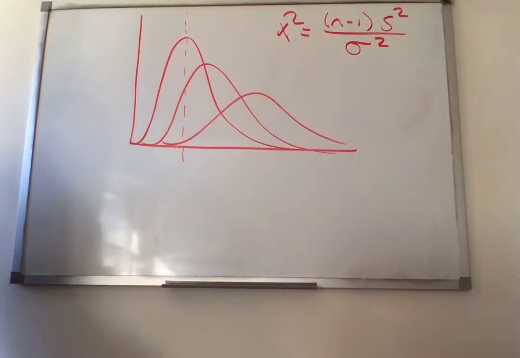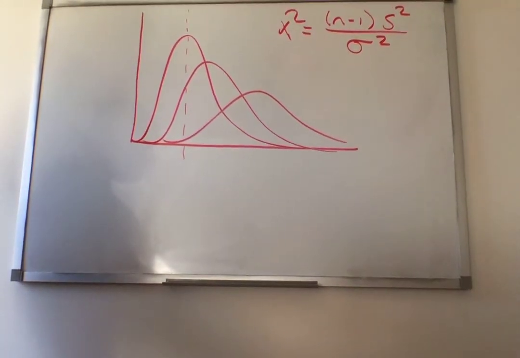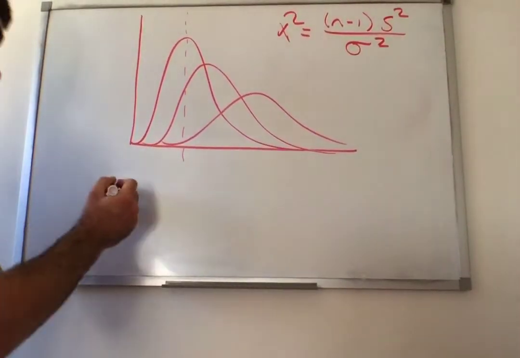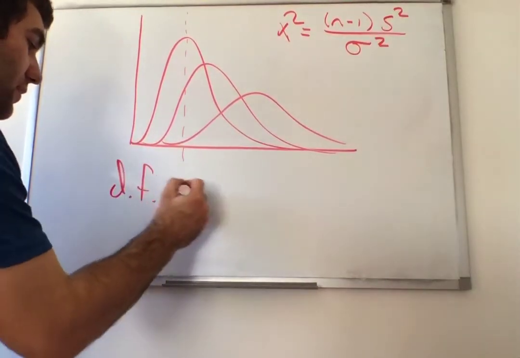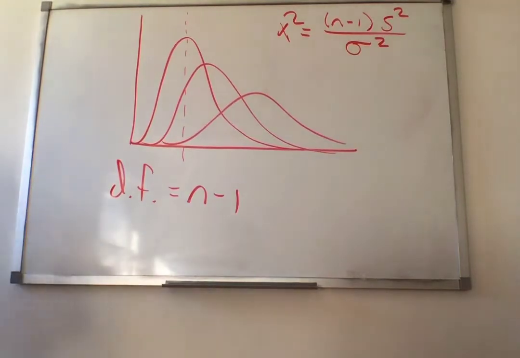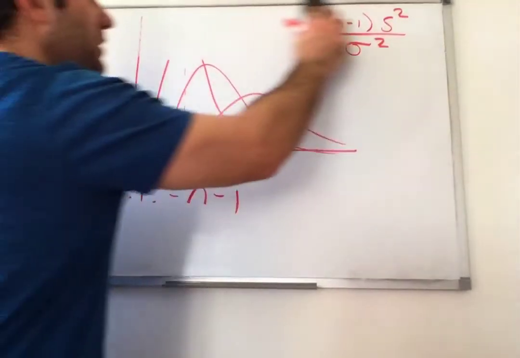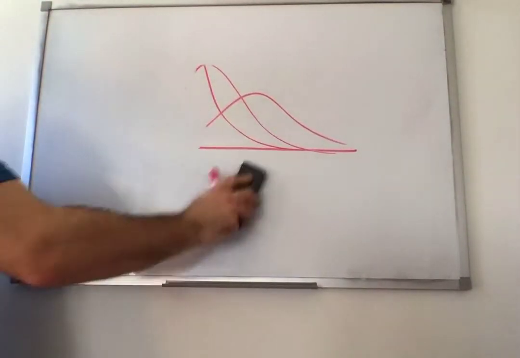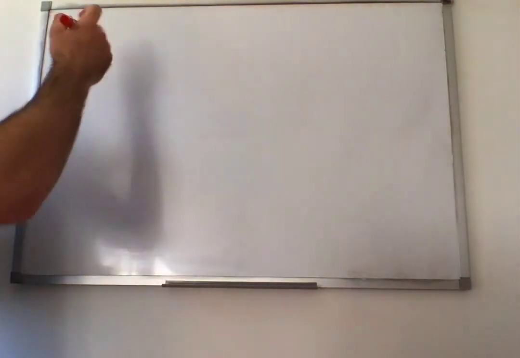Okay? So now the notation for this, the degrees of freedom. The formula for the degrees of freedom here is n minus 1. It's the same thing as the t distribution. N minus 1. Alright, so some notation. You're always going to know your sample size, so you can always compute your degrees of freedom.